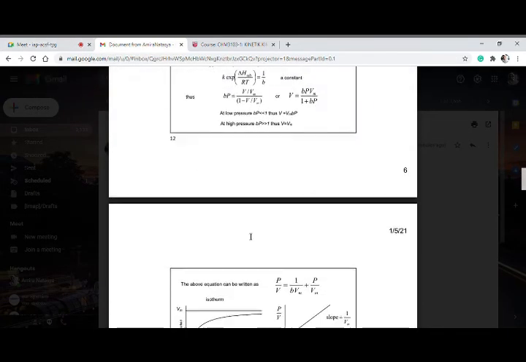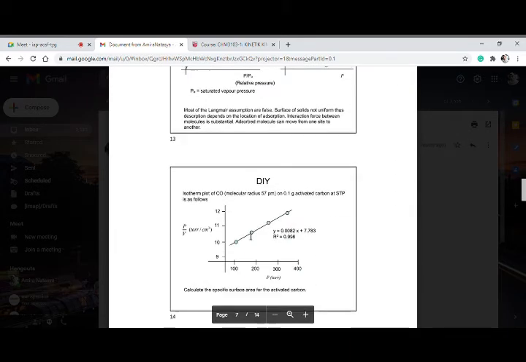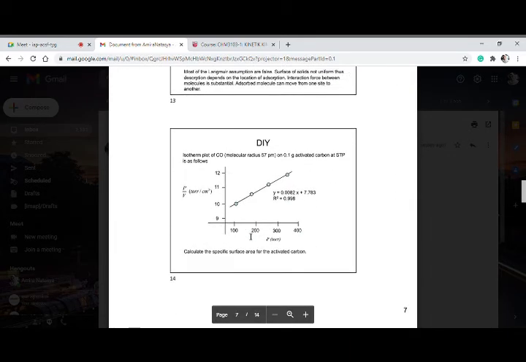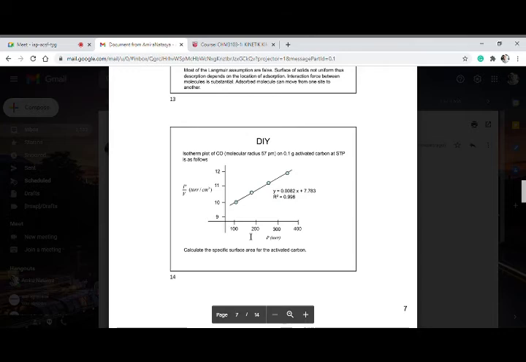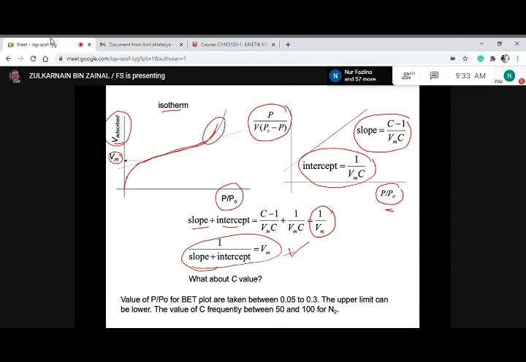So Vm is equal to 1 over (slope plus intercept). If you get the value of the intercept and the value of the slope, then you can calculate the value of Vm. If you are not sure, go back to the equation and see what is the intercept and what is the slope, and from there you can get that 1 over Vm is equal to slope plus intercept.